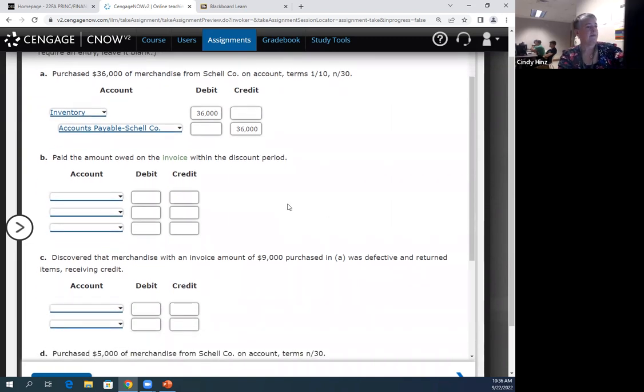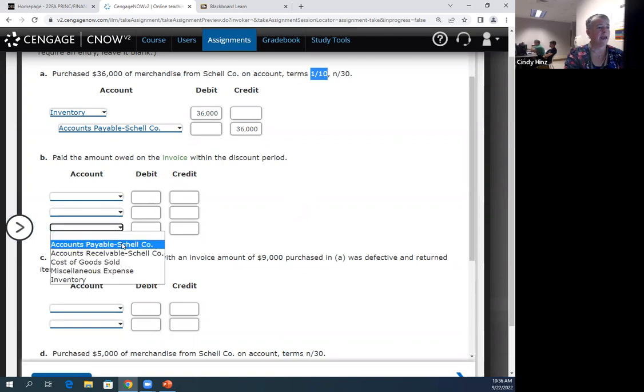In letter B then, again, we did this together in class on Tuesday as well. In letter B, we're going to pay the invoice. We're going to pay within the discount period. So that means we paid within the 10 days of the invoice date.